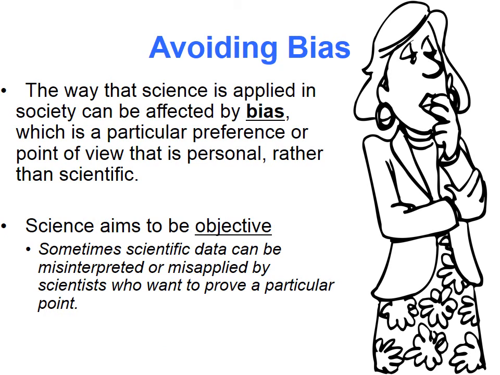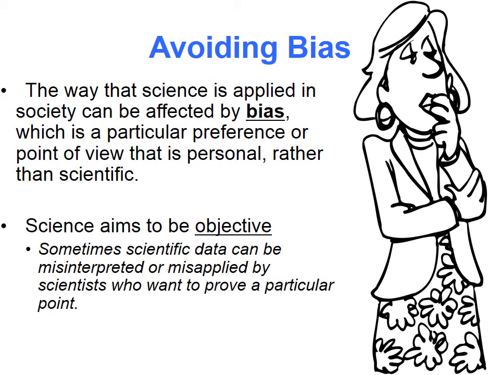Another thing science tries to do is that when running experiments, scientists try to avoid what's called bias. That's when someone has a particular preference or point of view, and they try to skew the experiment so that it proves their point. That would be considered bias. Science wants to be objective.